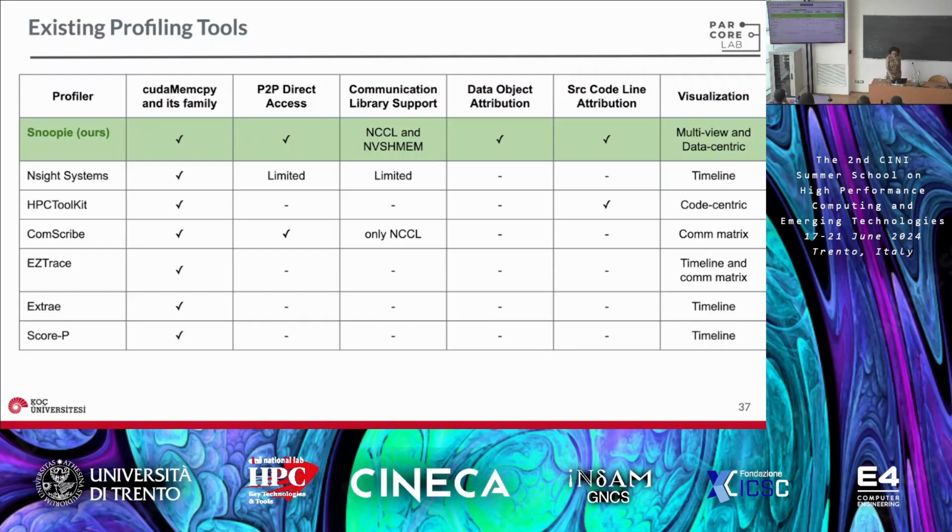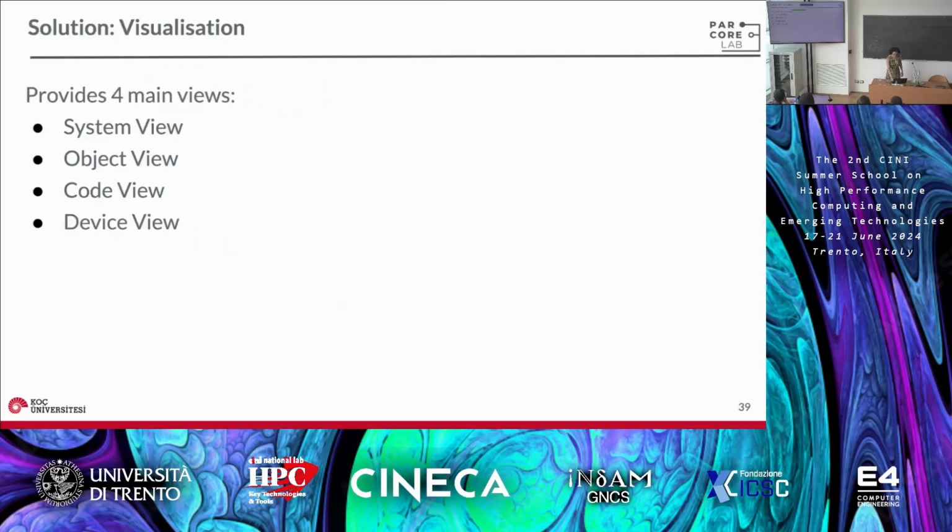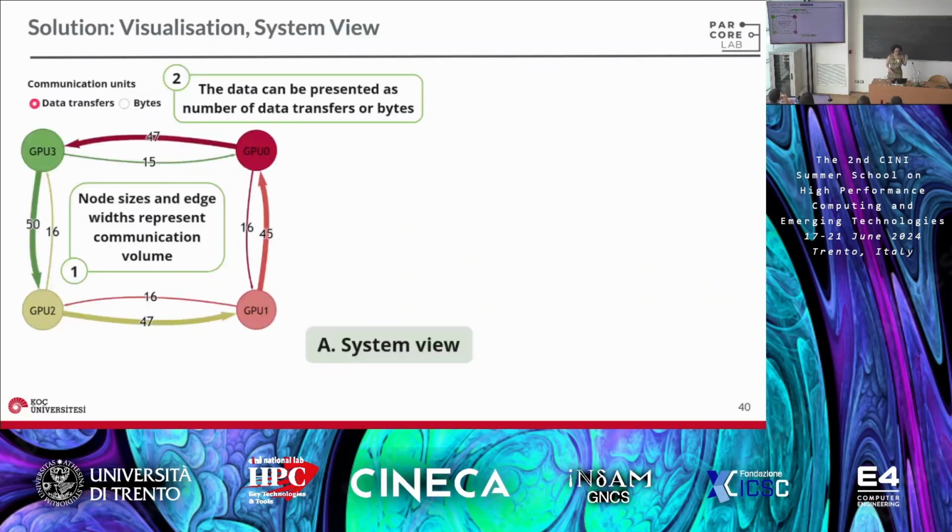So we implemented Snoopy. Snoopy has 4 views at the moment. We have a lot of ideas to add more things, but one of the things is it can visualize the communication as a communication graph. Each node is a GPU, and the link shows how much data, in terms of transfers or bytes, you can visualize either.